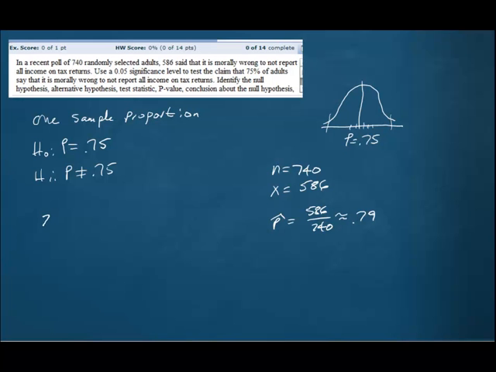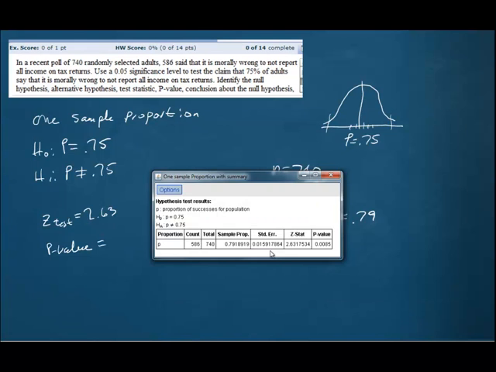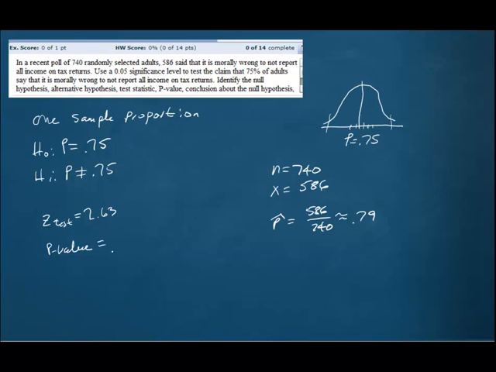So our z-statistic, or our z-test value, is 2.63, and our p-value is 0.0085.